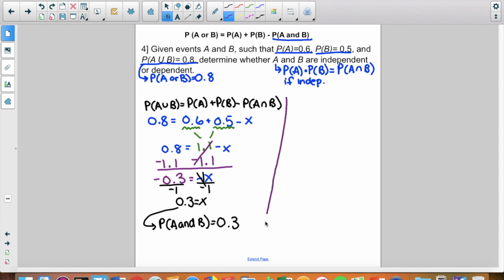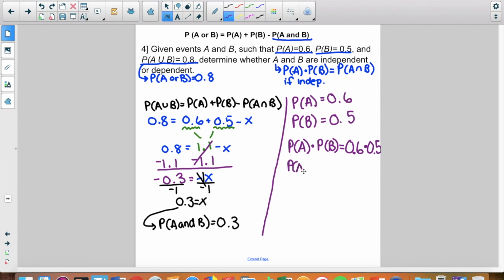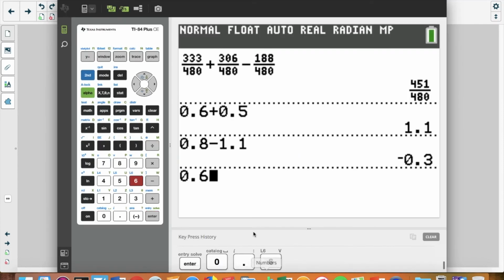Now let's determine if it's independent or dependent. So I'm just going to draw a little line there and do my independent-dependent work here. The probability of A was 0.6. The probability of B was 0.5. Now we have to find the probability of A times the probability of B, which is 0.6 times 0.5. If you're not comfortable, just use your calculator.